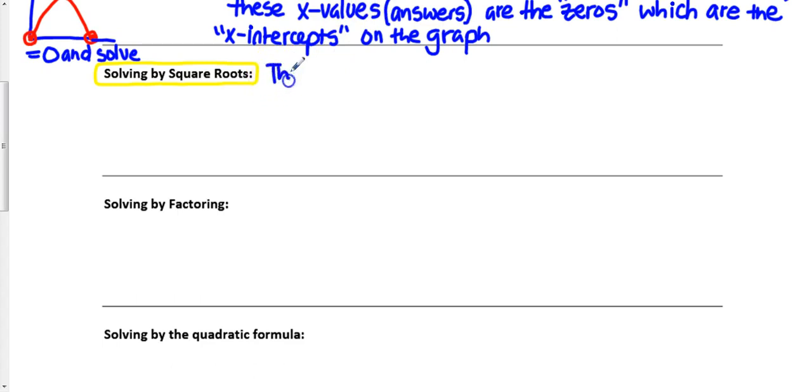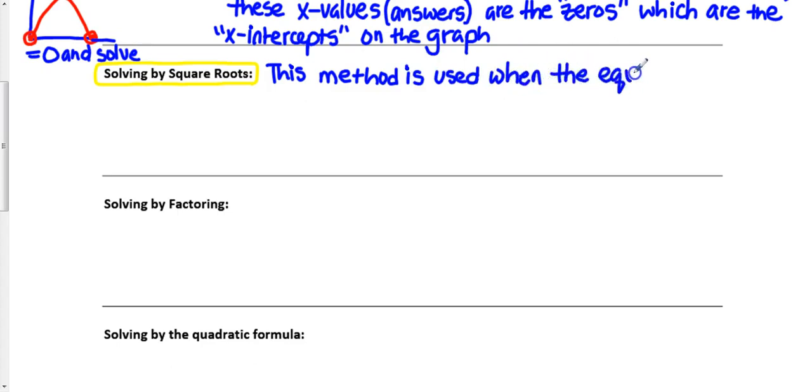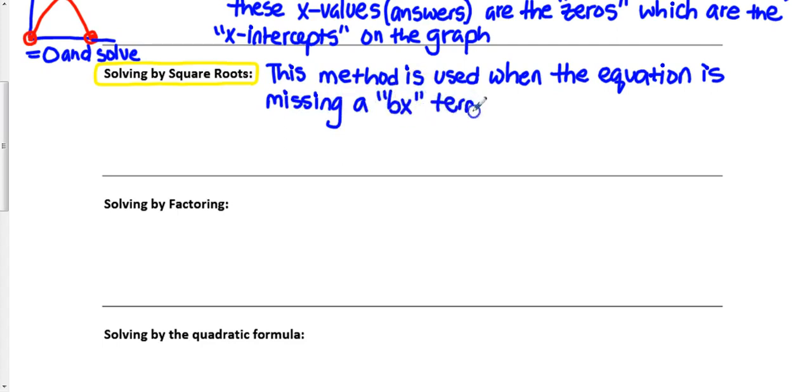This method is used when the equation is missing a "bx term," and I put that in quotes.